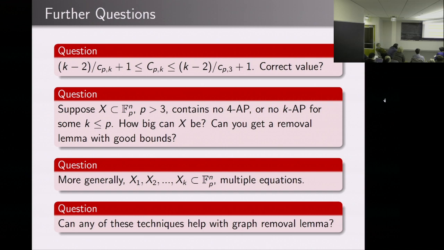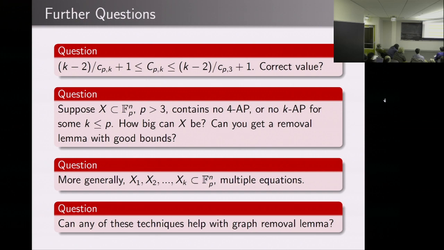One way this maybe contributes to that question is for the triangle removal lemma, you can adapt our subspace sampling argument by just sampling random vertices of the graph. If you can prove this lemma called the diamond-free lemma, the triangle removal lemma implies the following claim: if you have a graph and each edge is in exactly one triangle, then the number of edges is little o n squared.